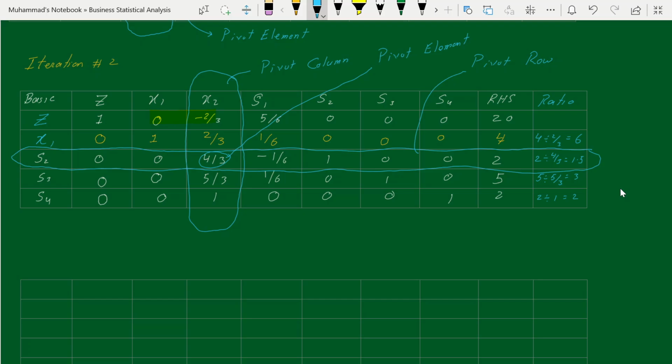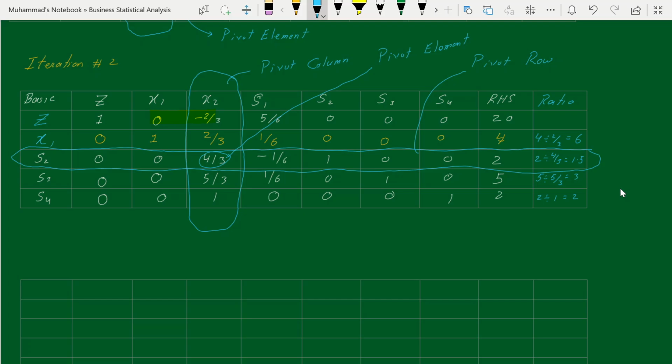Now we follow the same step, and our first job is to make this pivot element equal to 1. To do so we can simply multiply with 3 by 4 with all of these numbers, so we can make it 1. Let's try this first.